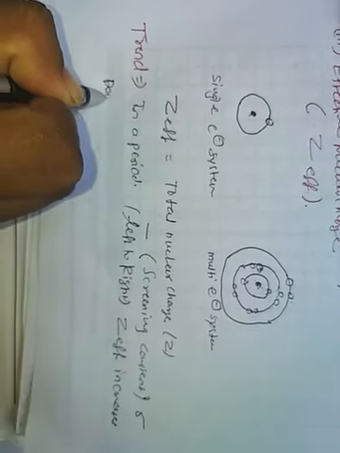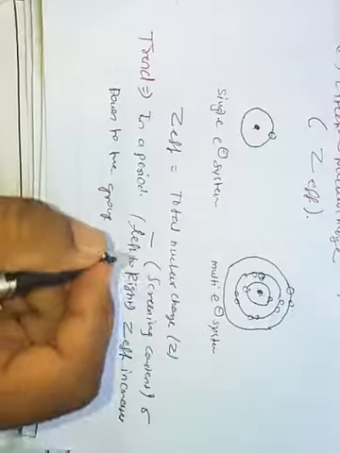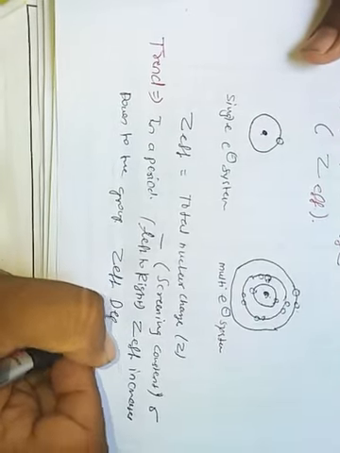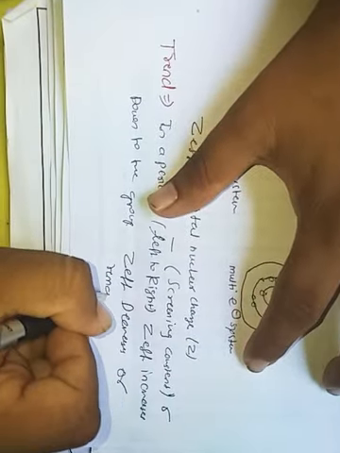Down a group, Z effective decreases or remains constant.